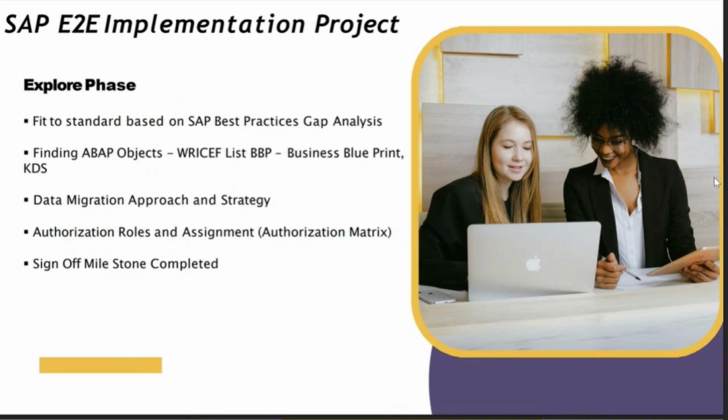GL open items, balance, then asset open items, then customer open items. This is an MM part. Why is it MM? That is opening balance, right? I'm asking vendor open items. Vendor, customer, asset, and GL, everything you have to take, right? Yes. So now this much data is there.